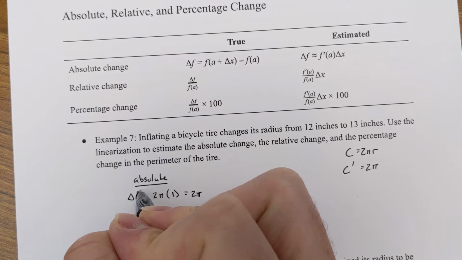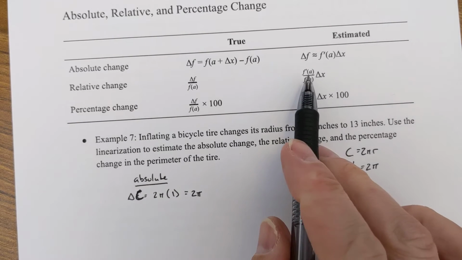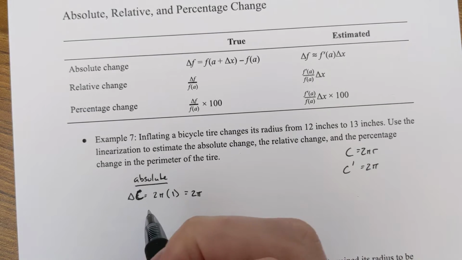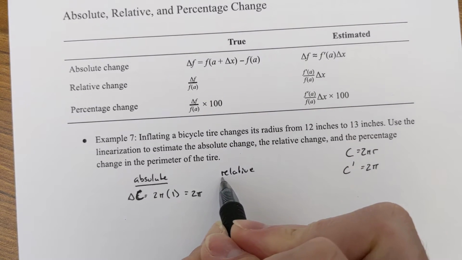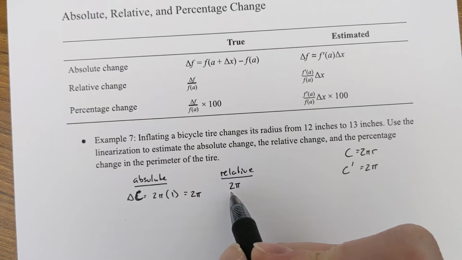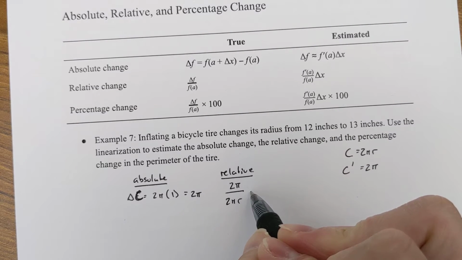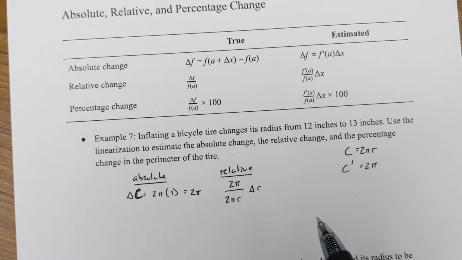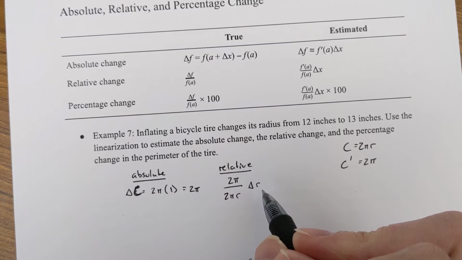Sorry, we'll use c for circumference. The relative change is the derivative, 2 pi, over the actual equation, 2 pi r, times delta r. So that's going to be 1 over r times delta r.